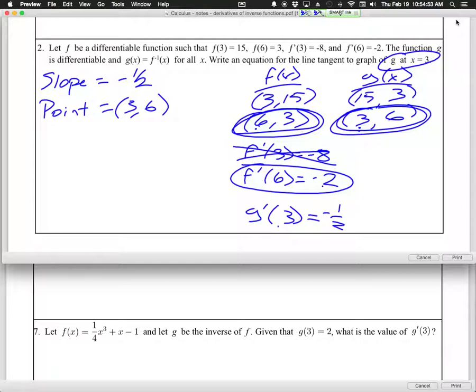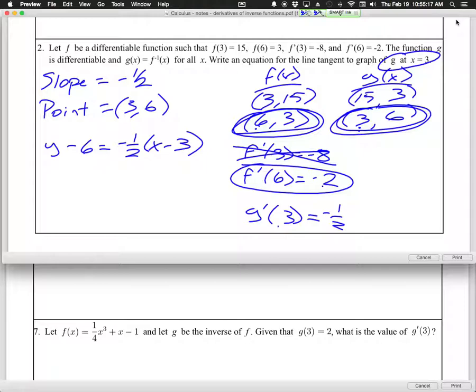So that means I'm going to have y minus 6 equals -1/2 times x minus 3. There's my tangent.